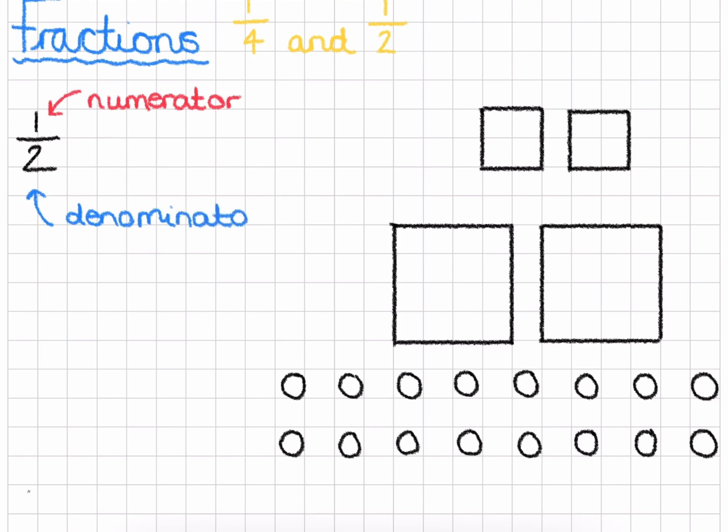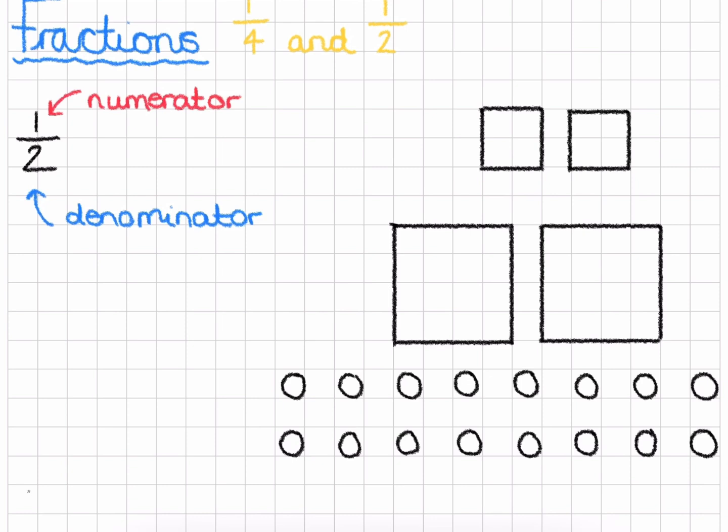When you are looking at different papers or when you come across a question, it's important to know the names of these numbers, because you might be asked what is the value of the numerator or what is the value of the denominator. Later on in the fractions topic, when it comes to comparing and even finding equivalents or adding and subtracting fractions, you will need to know what the numerator and denominator are.